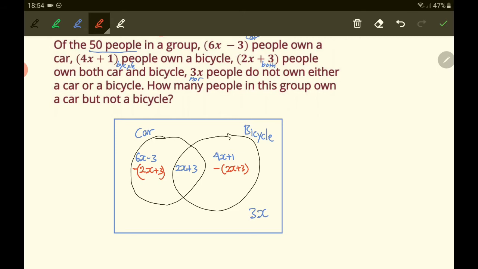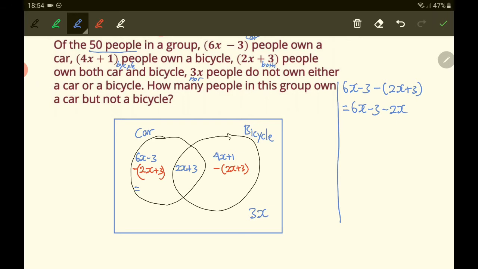So what is the answer after you minus it? I want to make a scratch here. So 6x minus 3 and then minus 2x plus 3. This is for the car. So I write 6x minus 3 minus 2x, and I open the bracket.